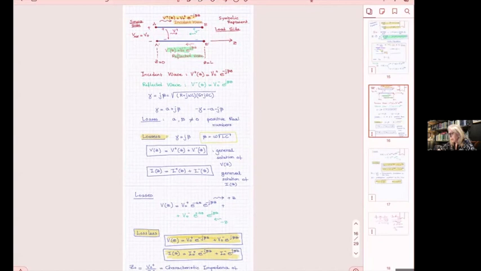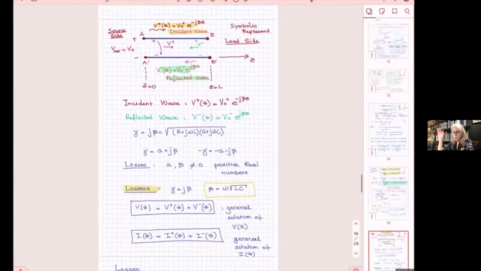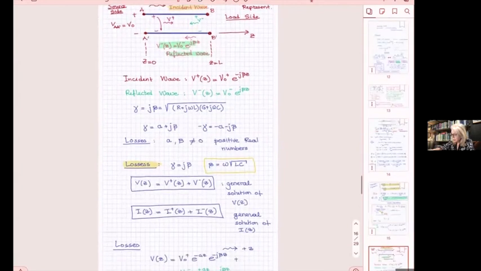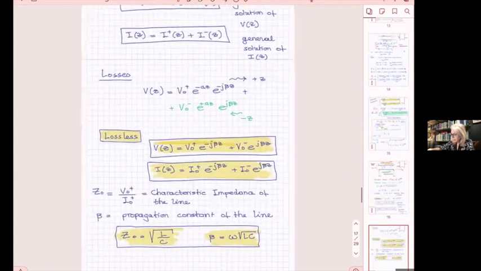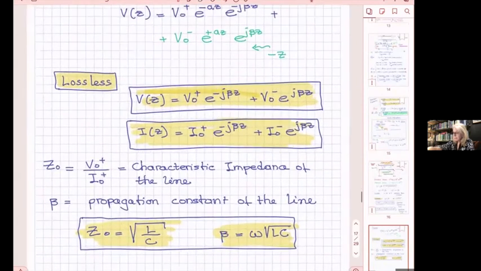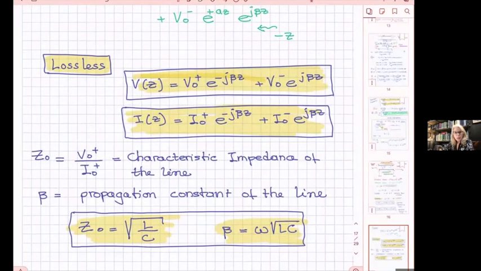Please read this material so you become familiar with the definitions, because I'm going to use them from this point on. I'm not going to go through these equations again. I will assume we know all of this, and I would like you to remember this by heart, because if you have to go and find this every time, you're not going to be able to solve problems easily.